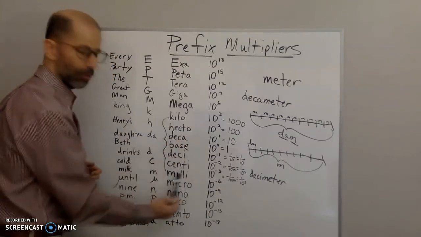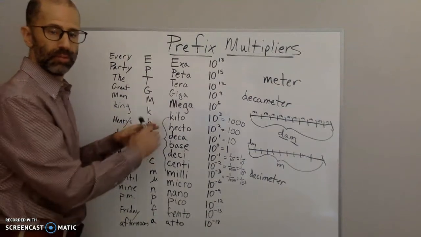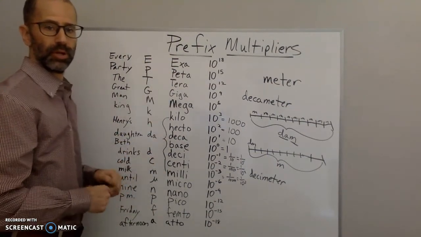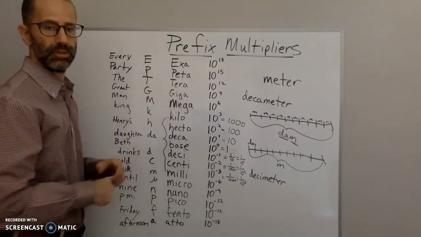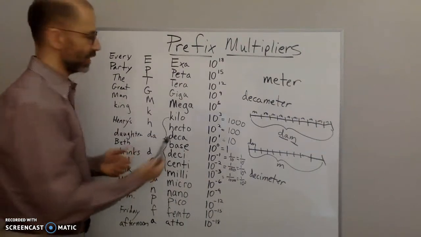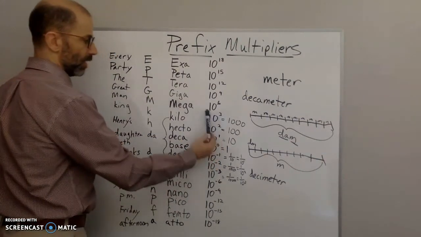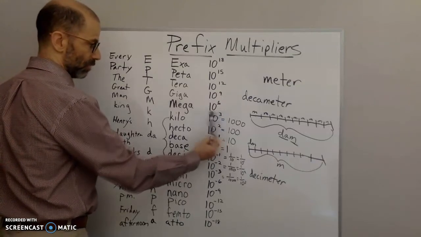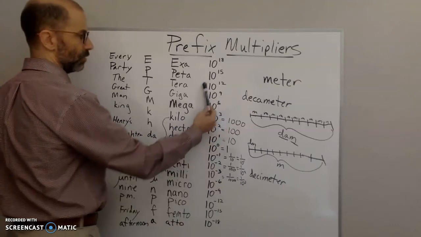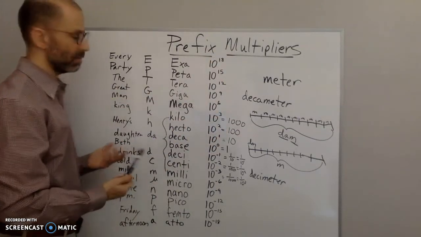If you remember that core, you can build on it to find the prefix multipliers above and below it by adding 3 to the exponent, or making it more negative by 3. So 10 to the 3, then increase by 3 to get 10 to the 6, then 10 to the 9, then 12, 15, 18, and so on if you wanted to keep going.